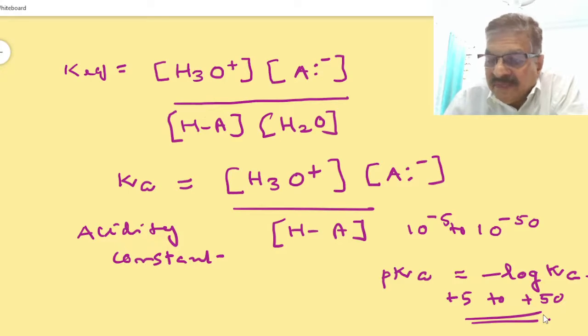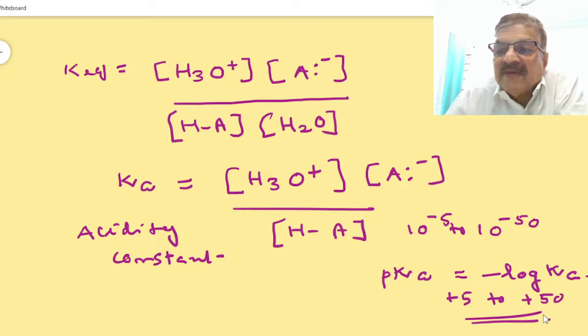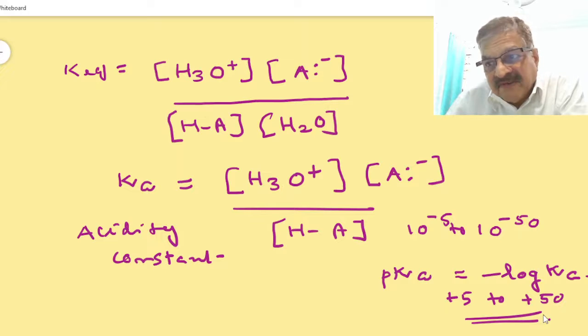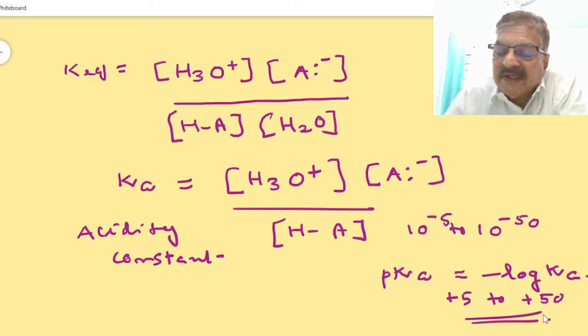You know that. Now, understanding acid strength is the first step to understand the strength of a base. First you understand the strength of an acid, then it follows to understand the strength of the base.